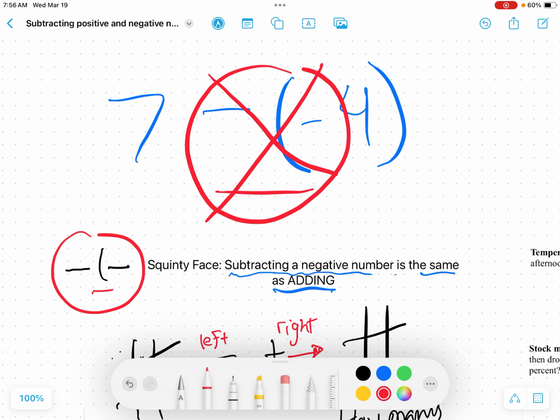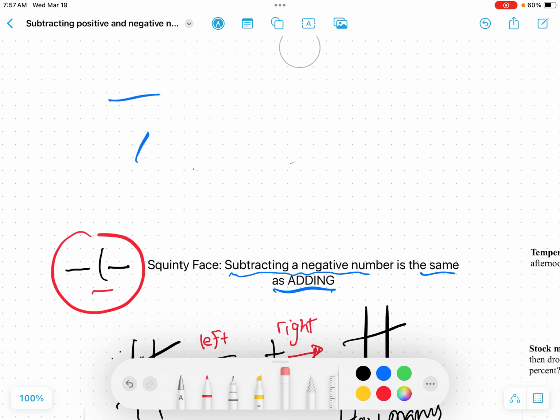When he goes away, it's positive because he's so grumpy. We don't like grumpy people. So when they're out of our lives, makes us happy. So then we have the 7 plus 4, which is 11. Okay, just simple addition right there. So subtracting a negative, that good old squinty face, is just an adding sign in disguise.